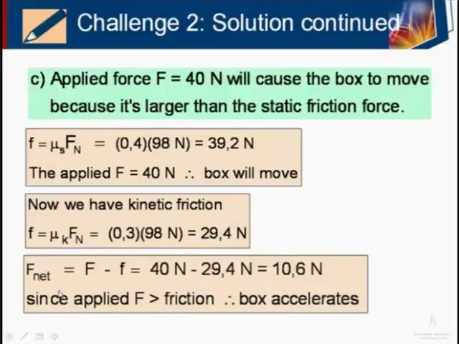The F net equals the applied force minus the frictional force. In this case, it's equal to 40 newtons, the applied force, minus the frictional force which we calculated as 29.4 newtons, and therefore we get an F net of 10,6 newtons. Since the applied force is greater than the frictional force, the box will accelerate.